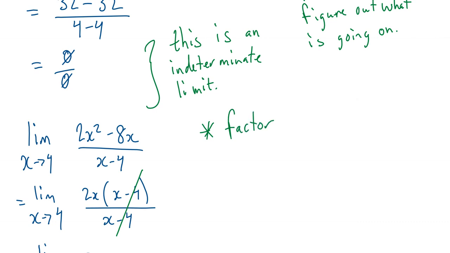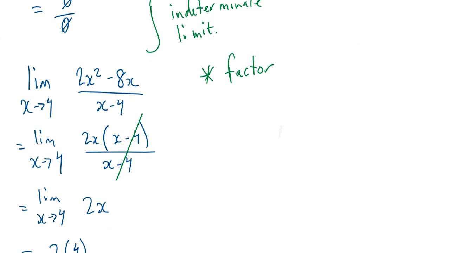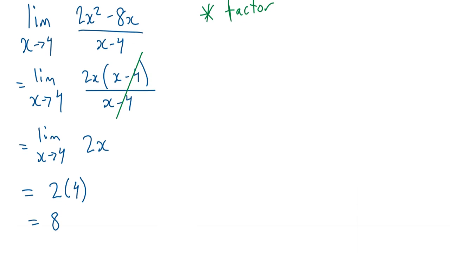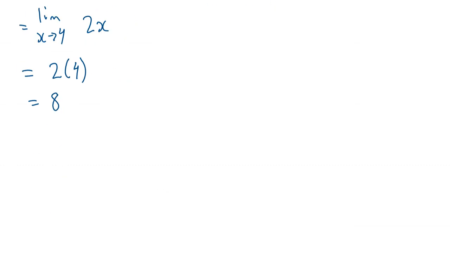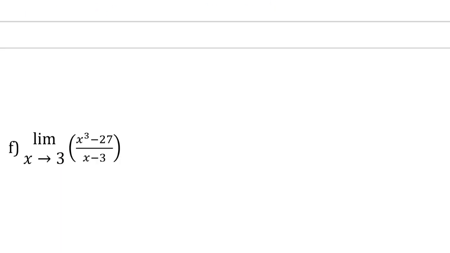That's all we had to do. Just factor. And then the whole came out. And then we could sub in with what's left. You always end up subbing in, right? That always happens. It's just whether you can sub in at first or you have to do some work first.